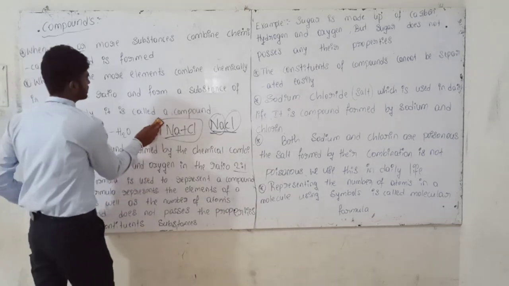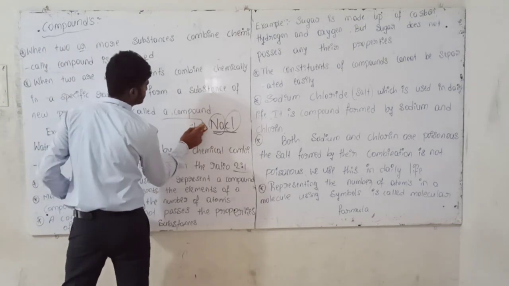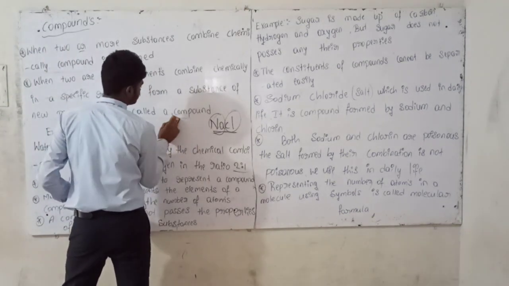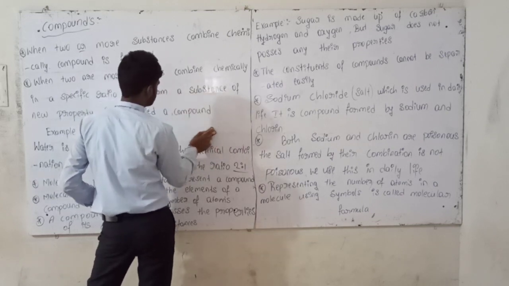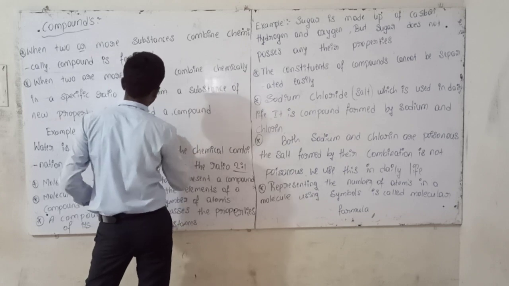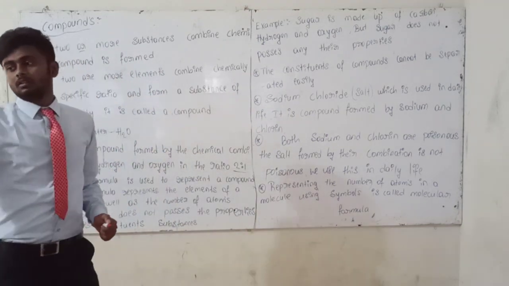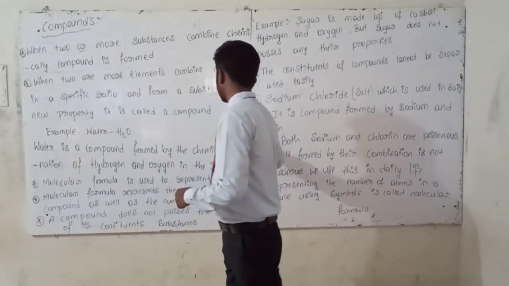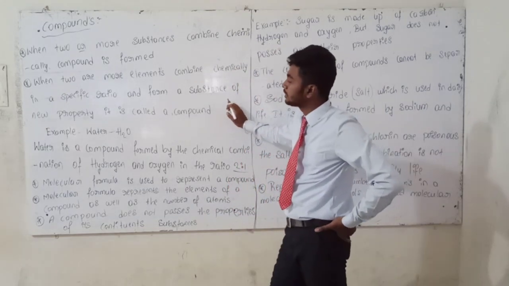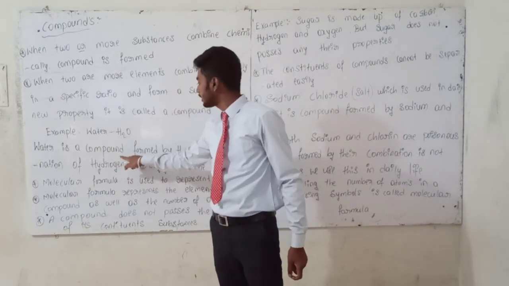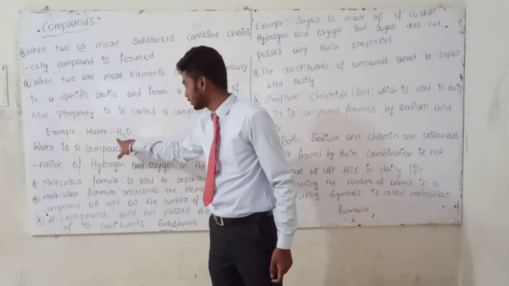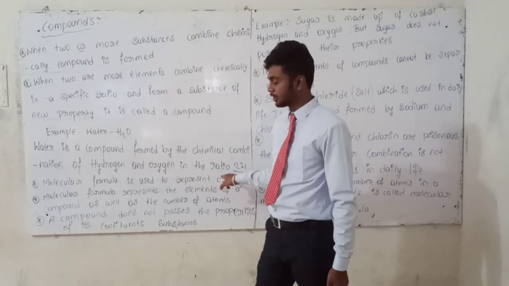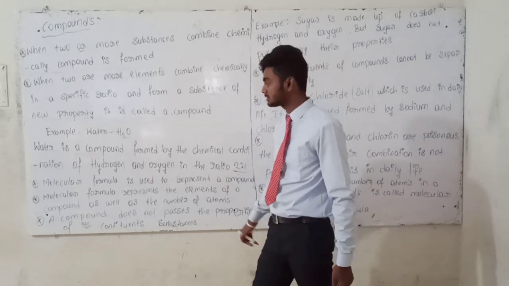So these are the examples. And also water is one compound, as already told, formed by the chemical combination of hydrogen and oxygen in the ratio 2:1. Okay.